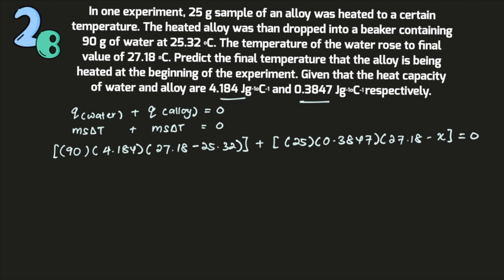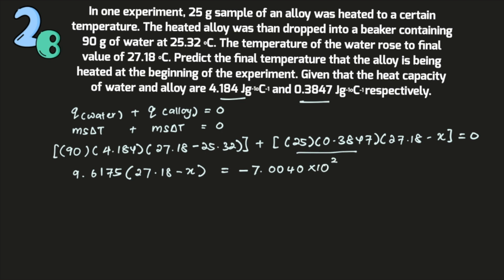What we are going to do now is put the water on the other side so that it's easier to calculate. I'm going to calculate this one first. I get 9.6175 times the change of temperature, 27.18 minus X, is equivalent to negative 7.0040 times 10 to the power of 2.